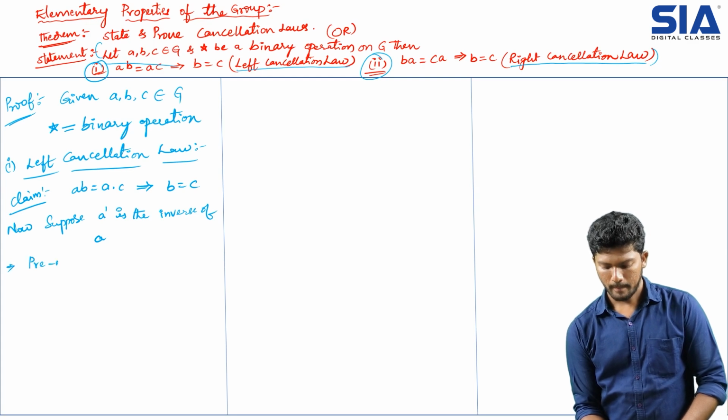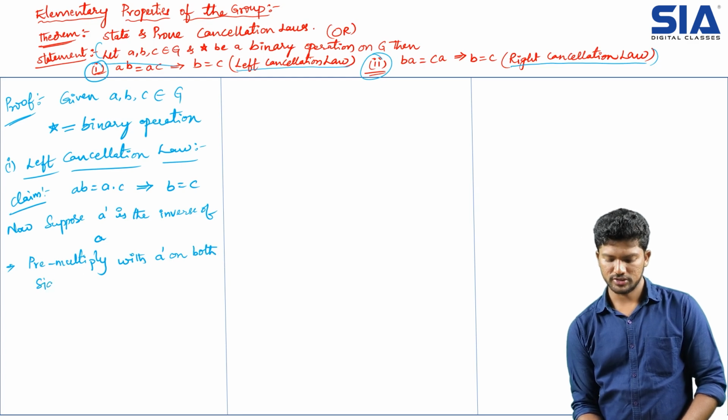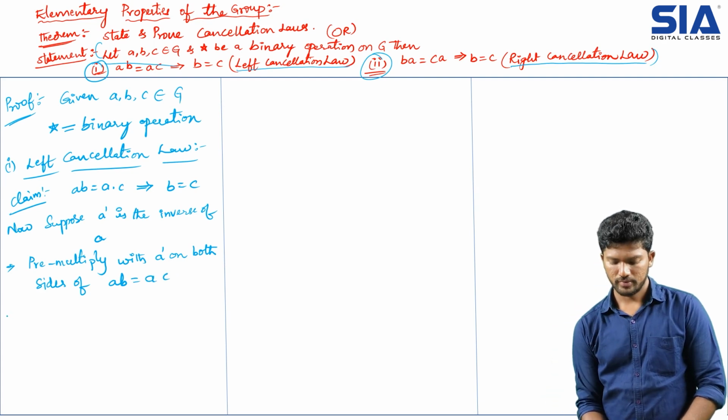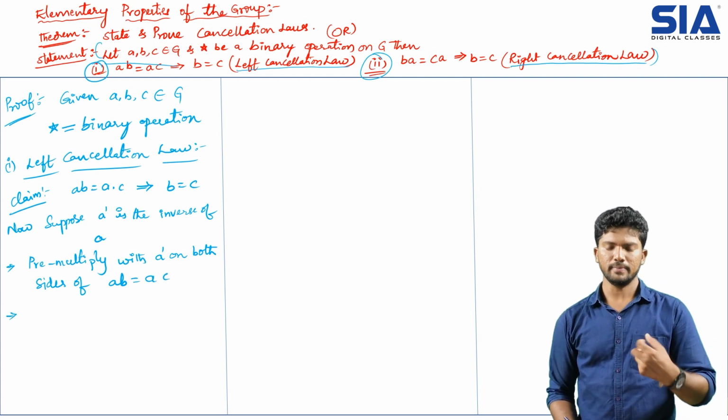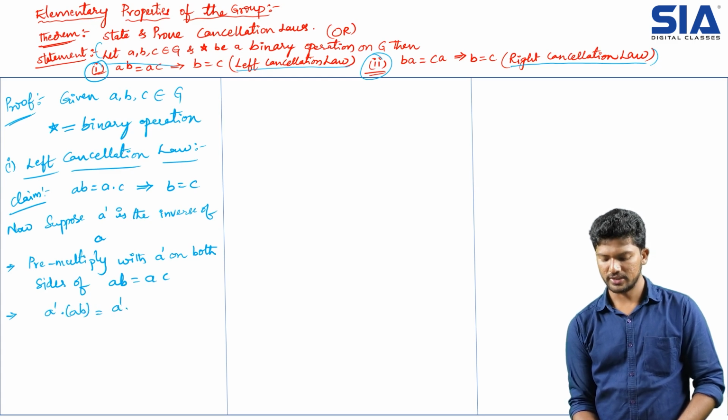Pre-multiply with a dash on both sides of ab equals ac. Now if you multiply, then a dash into a into b is equal to a dash into a into c.